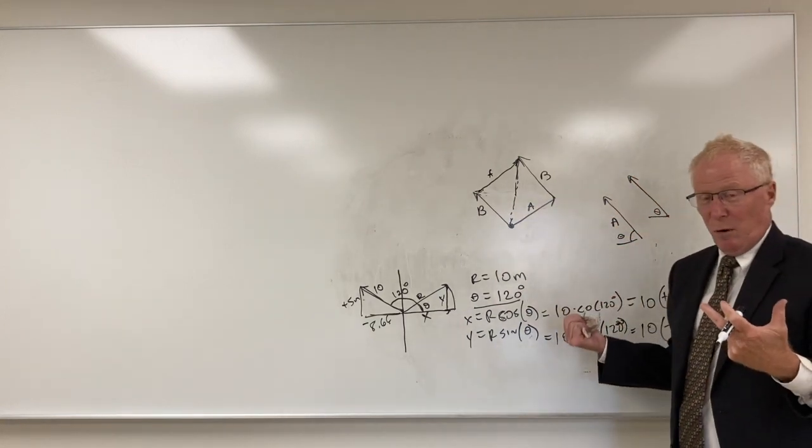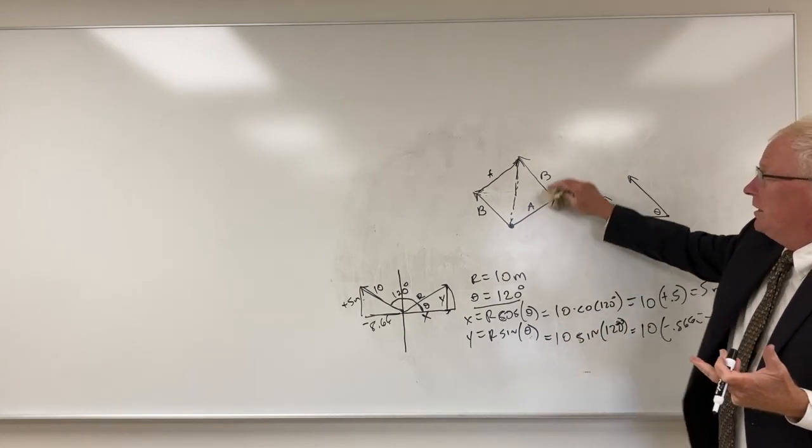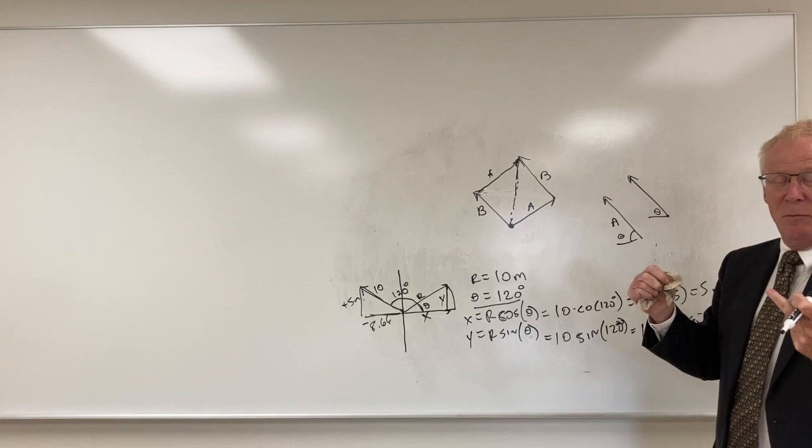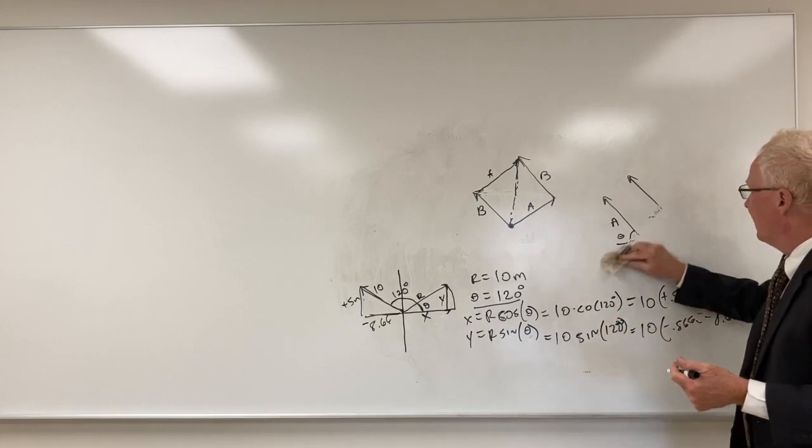We could do it with component methods, but adding vectors this way is a lot simpler. We're not doing this as an engineering class, so that's how we're going to do it.